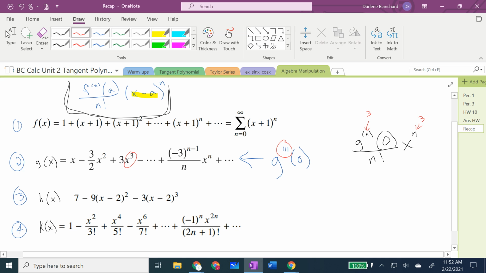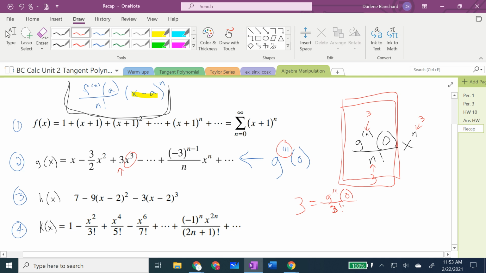And the coefficient formula alone, the coefficient of x cubed is positive 3. That positive 3 must be equal to this formula with 3 plugged into the n. So the third derivative, which I can write as triple prime instead of writing the numeral 3 in parentheses. They both mean the same thing.